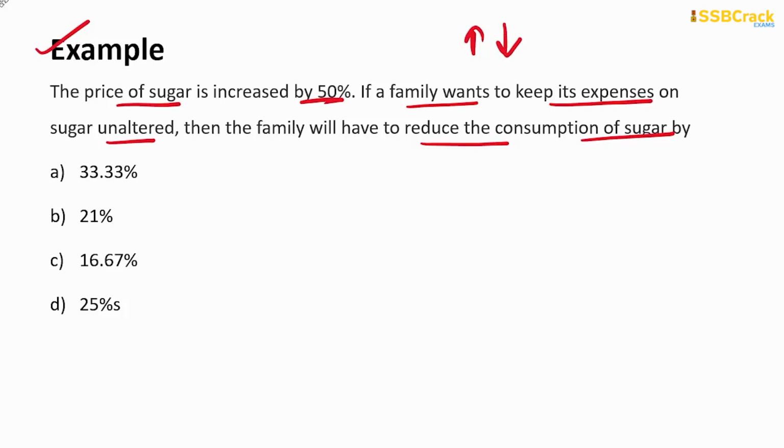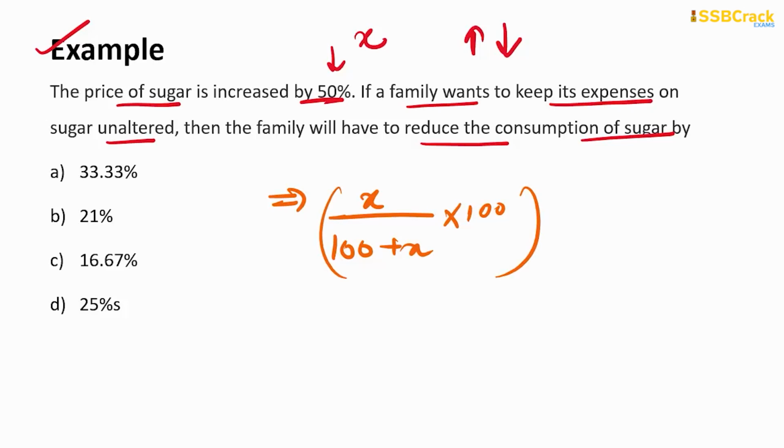Here it is given that the increase is 50%. So x is 50%, and we now need to find the decrease in the consumption, and it is given by x upon 100 plus x into 100%.